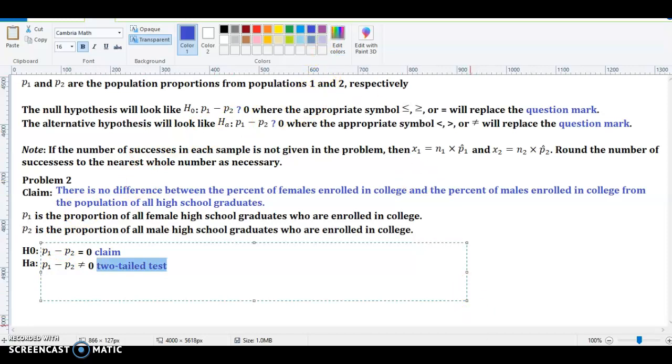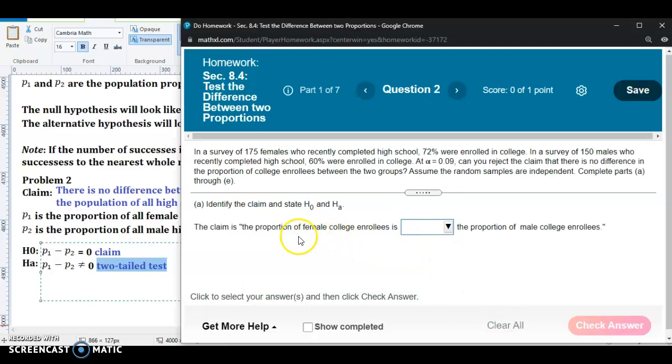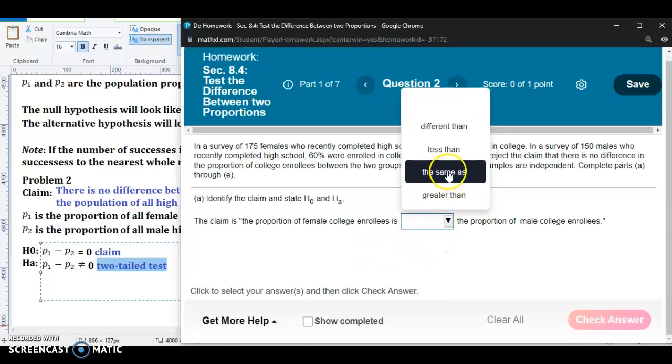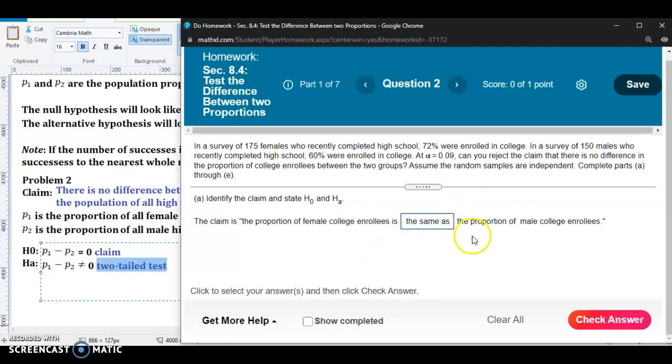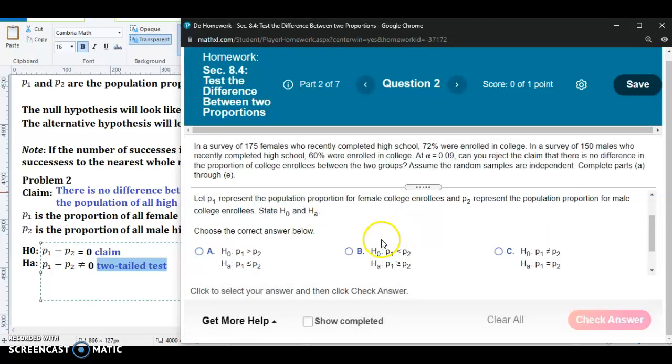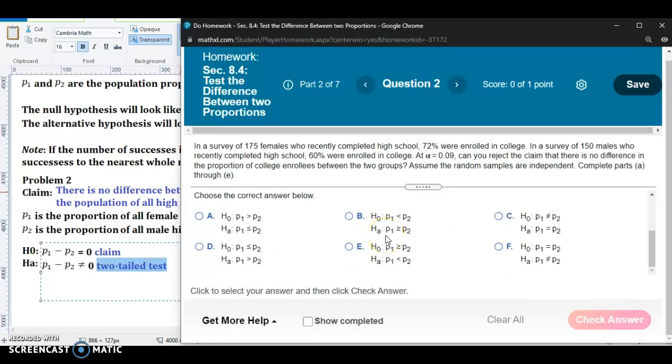In any case, let's go back to the problem. The claim is that the proportion of female college enrollees is the same as, or equal to, the proportion of male college enrollees. The question is asking us to identify the claim and state the null and alternative hypotheses, so we're going to select the correct ones.